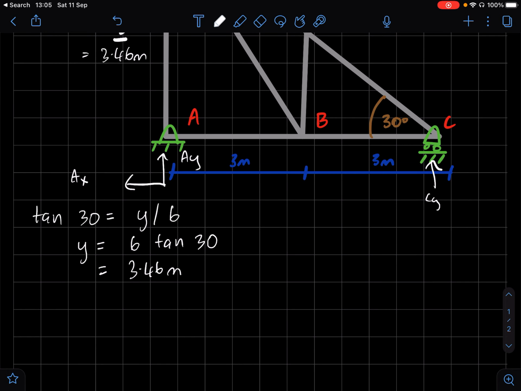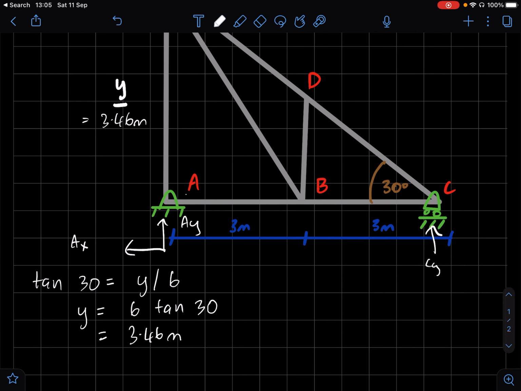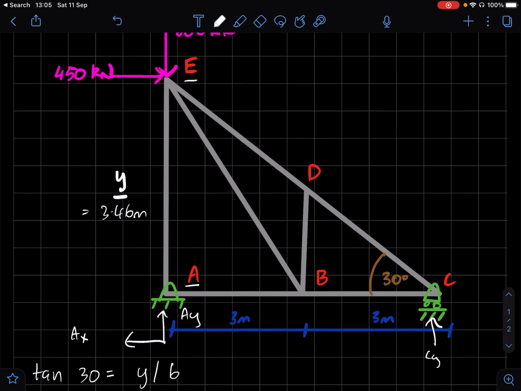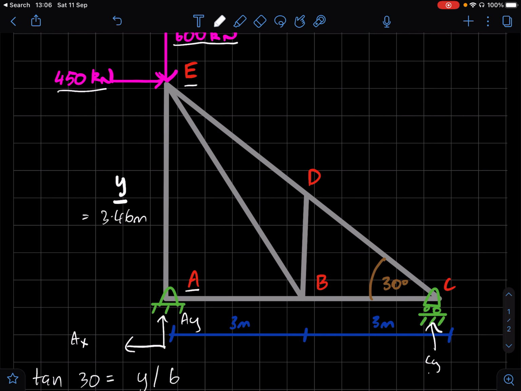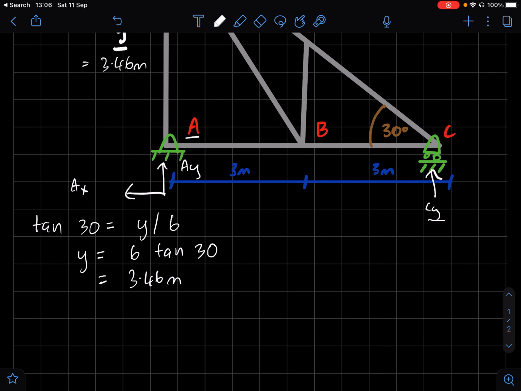Okay, so let's take the moment around A and see if we can resolve for CY. I've chosen joint A because we can negate this 600 kilonewton force because it's acting on the joint. So we're just going to have this 450 as well as CY. That's going to create a moment about A. Okay, so let's do the sum of the moments about A. Define counterclockwise as positive, equals 0.